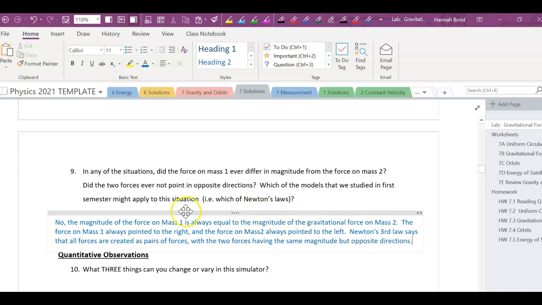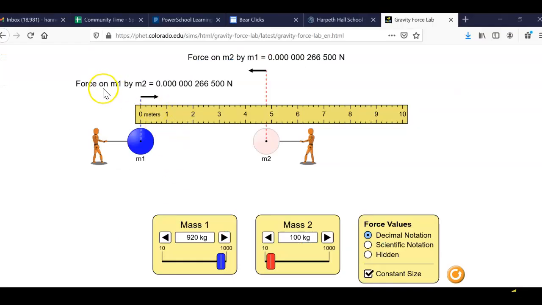And so the gravitational force is also a third law pair. The gravitational force that's being exerted on mass 1 by mass 2 is the same amount but in the opposite direction as the gravitational force being exerted on mass 2 by mass 1.